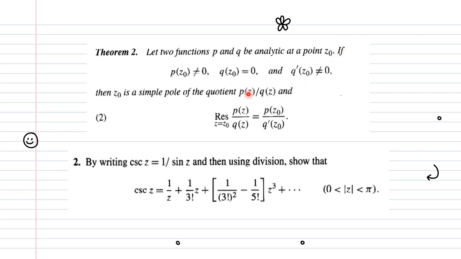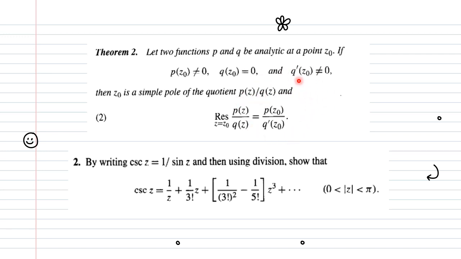If p of z sub 0 is different from 0, and the same happens with the derivative of q at z sub 0, and q of z sub 0 is equal to 0, then the same theorem says that z sub 0 is a simple pole of the quotient p of z divided by q of z.